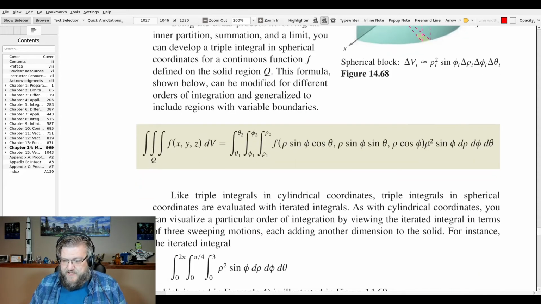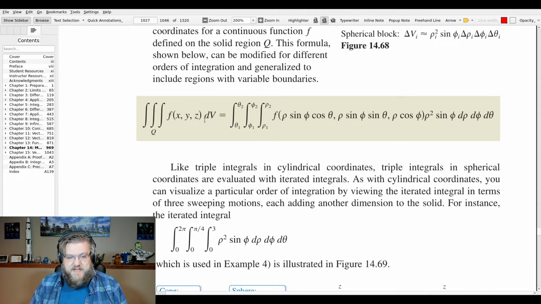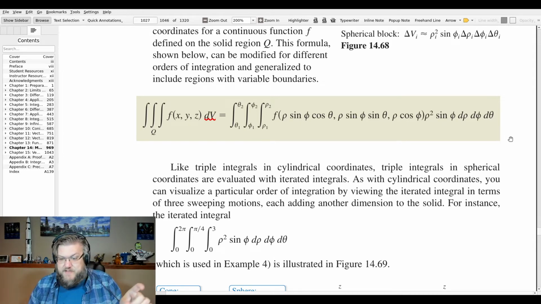And actually converting this to a triple integral, the dV unpacks rather complicatedly. There's a little extra baggage here. You know how the polar starts with r dr d theta and the little r comes out? That r comes out because of the formula to find the area of a polar region. So that extra r came out in that derivation.